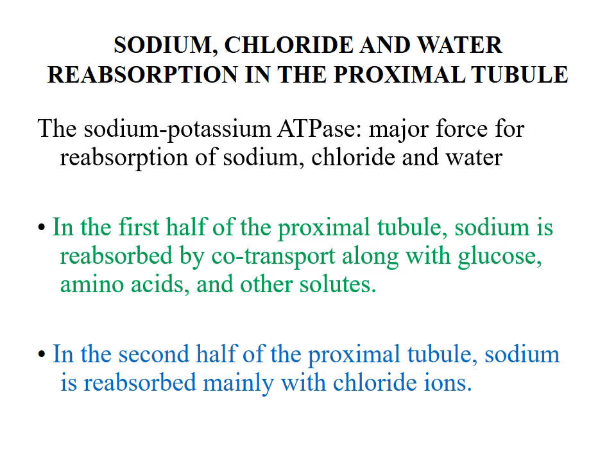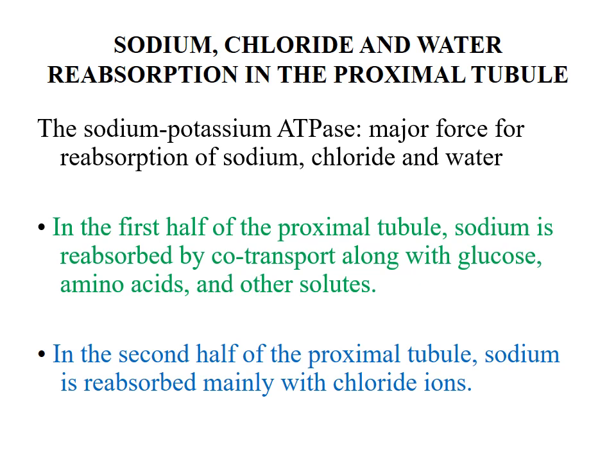In the first half of the proximal tubule, the sodium is reabsorbed by co-transport along with glucose, amino acids and other solutes. So in the first half, sodium will be reabsorbed along with glucose as a co-transport. Both the glucose and the sodium will be going in the same direction.